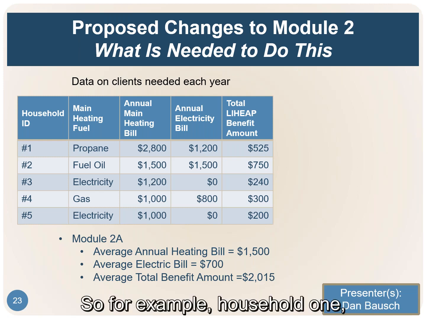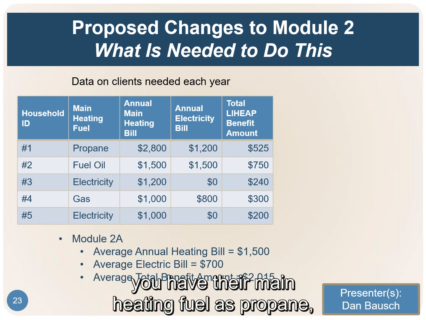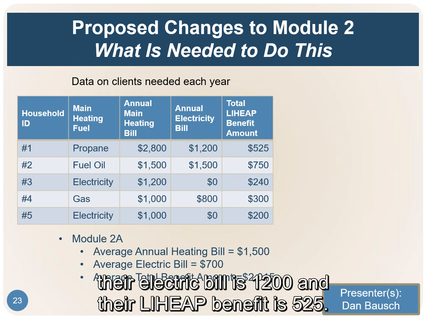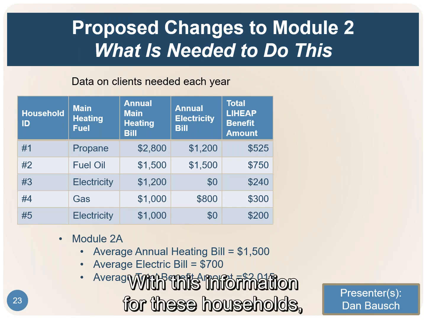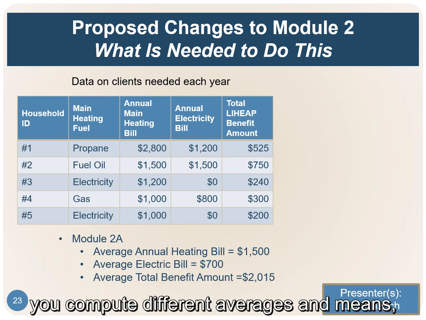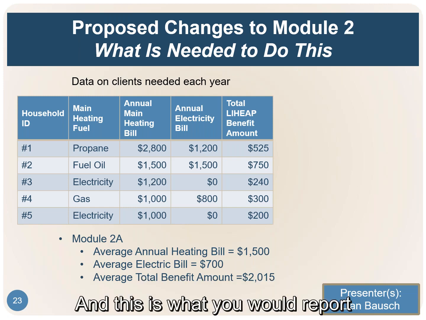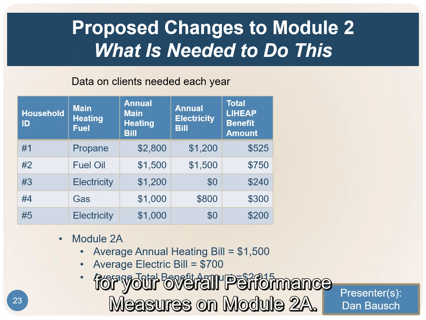So for example, household 1, you have their main heating fuel as propane, their main heating bill as $2,800, their electric bill is $1,200, and their LIHEAP benefit is $525. With this information for these households, you compute different averages and means going down each column. So you can see that at the bottom. And this is what you would report for your overall performance measures on Module 2A.